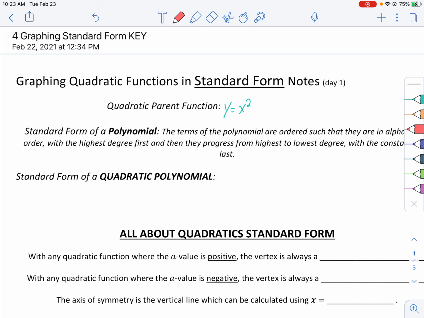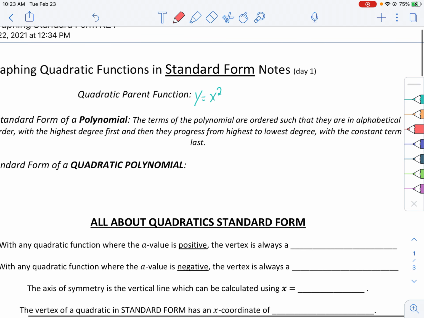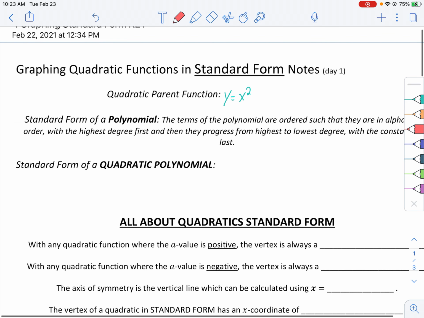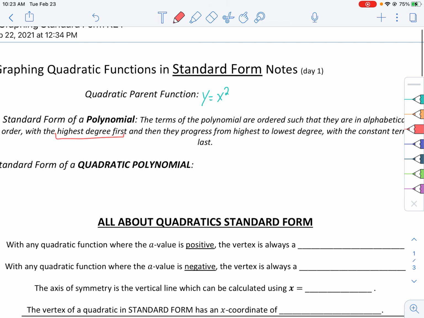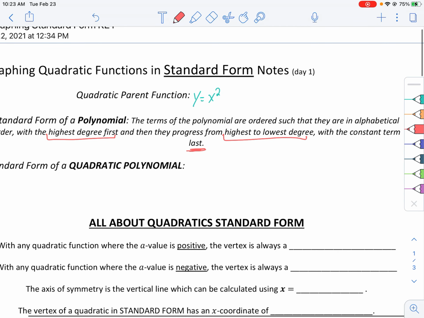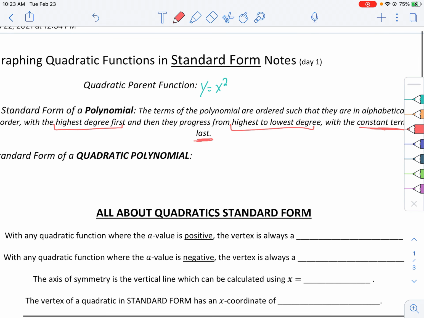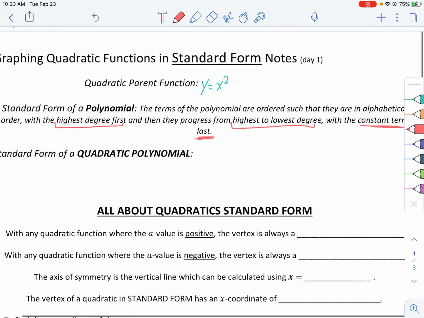Let's review what exactly is standard form for a polynomial. The terms of the polynomial are ordered in alphabetical order, with the highest degree first, and then they progress from highest to lowest degree, with the constant term last. So what does that look like for our quadratic functions?